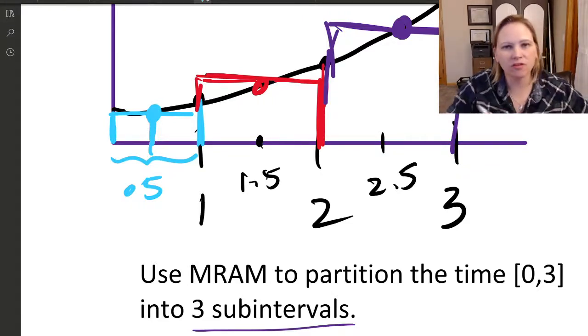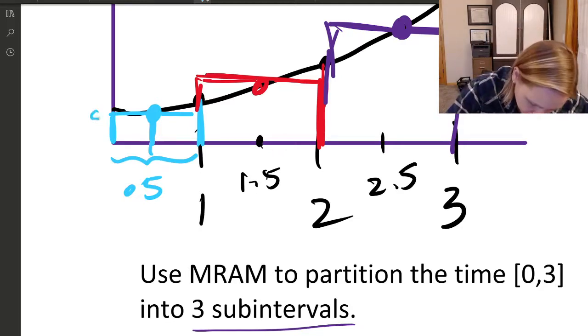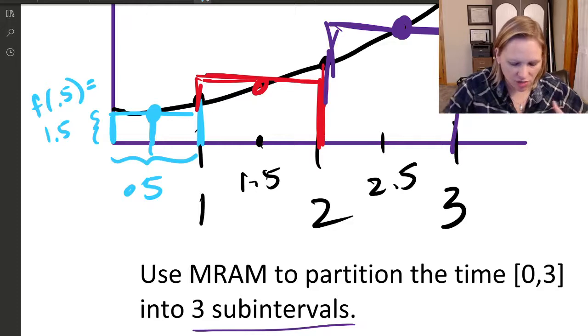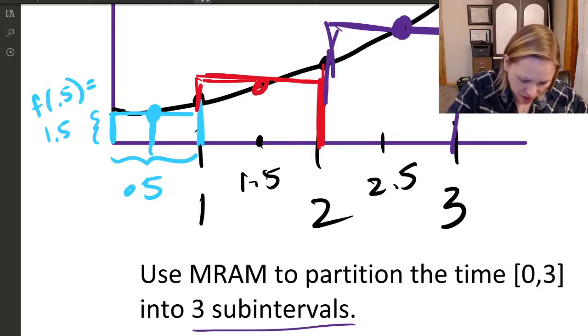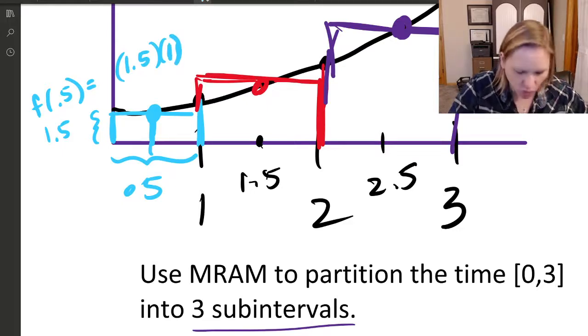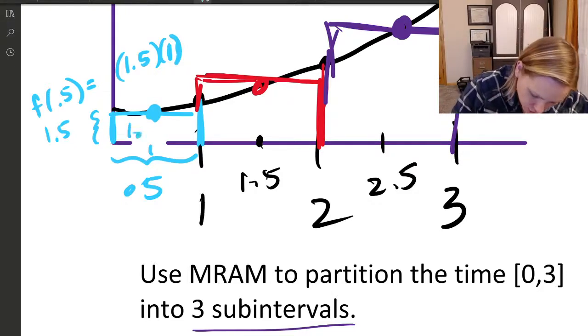Just because 0.5 is my midpoint, it's still 1 unit, 1 hour, 1 whatever wide. But the height is going to be that f of 0.5, 1.5. So the area of this blue rectangle is base times height, 1.5 times 1, or 1.5. So we already found one area, it is 1.5.